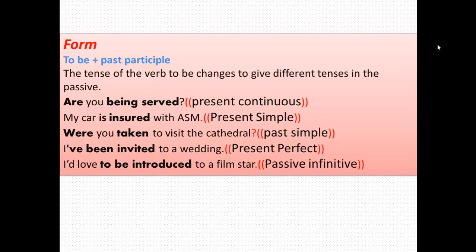So each sentence in the passive voice must contain the verb to be and verb 3, which is the past participle. The tense of the verb to be changes to give different tenses in the passive.